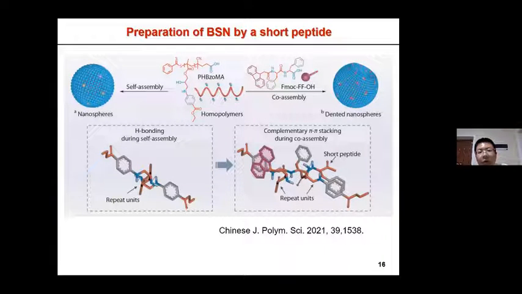We used a short peptide which can provide hydrogen bonding and pi-pi interaction. If the short peptide co-self-assembles with the homopolymer, bowl-shaped nanoparticles were formed. Without the short peptide, the homopolymer can only form solid nanospheres.